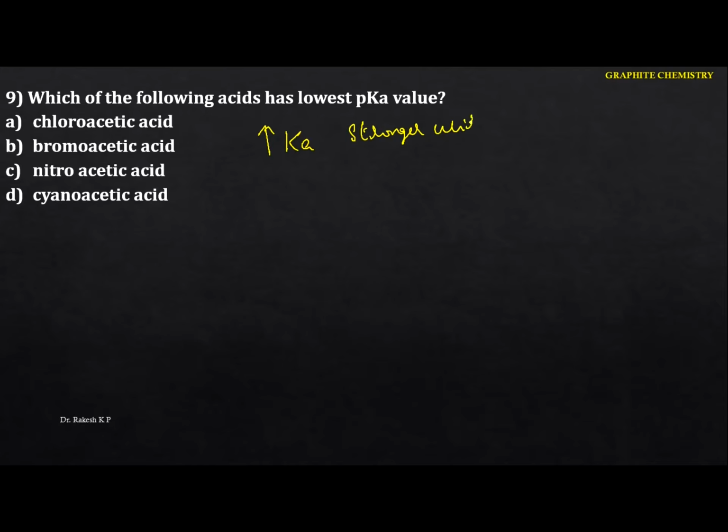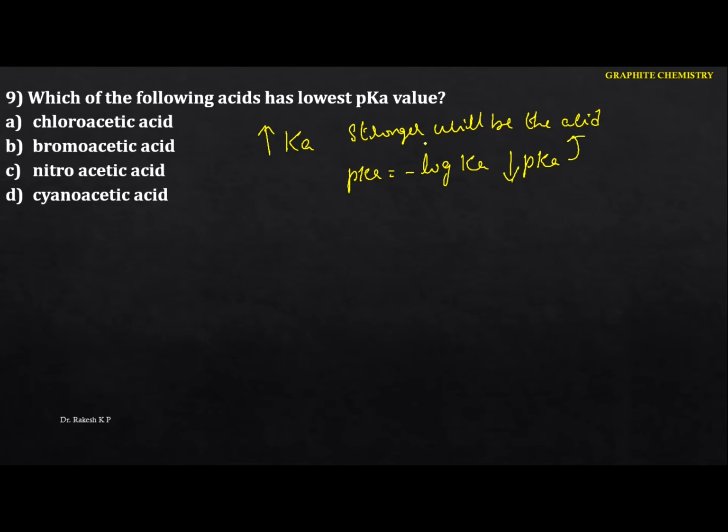We know that pKa is nothing but the negative logarithm of the Ka. That means if the Ka value is high, the pKa value is low. That means the lower the value of pKa, the stronger will be the acid.